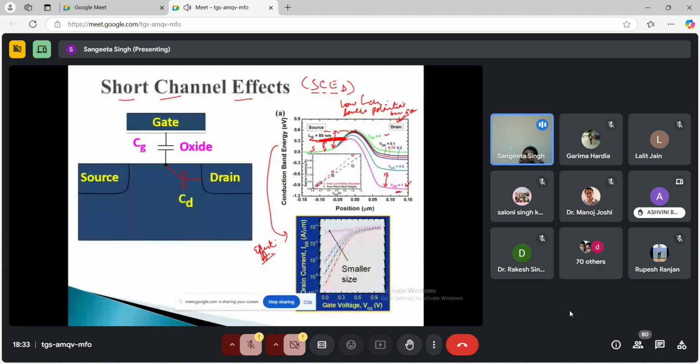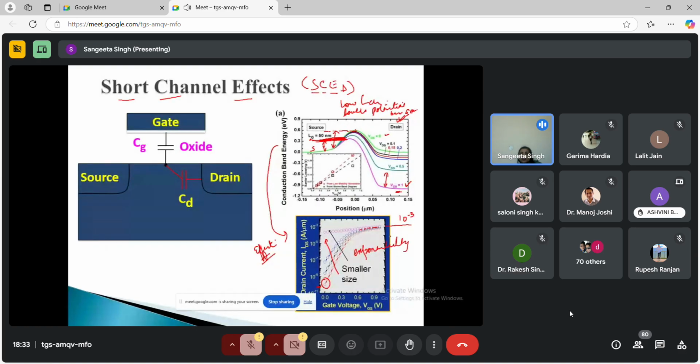Please see. As an effect, your drive current is at a constant value, say 10 to the power minus 3. But your off current, in the first case, is somewhere at 10 to the power minus 10, and this off current is increasing exponentially.